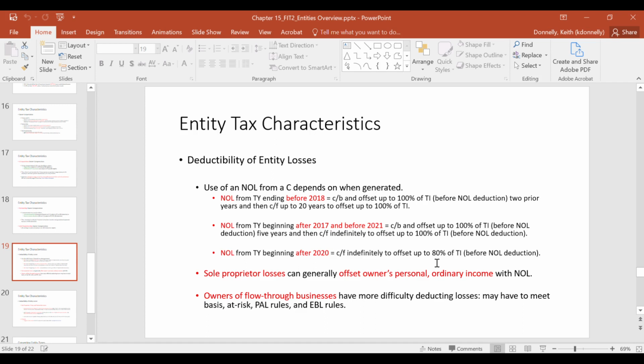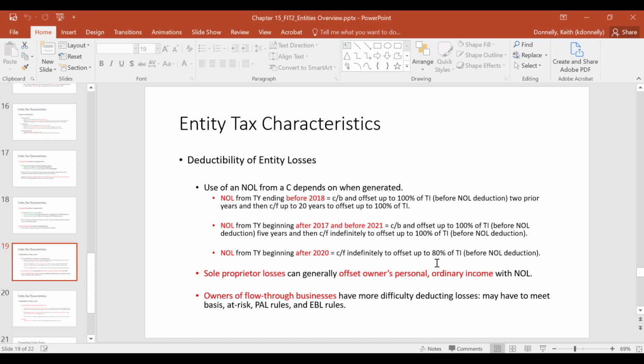Sole proprietorship losses, you have that Schedule C and you have a loss. Generally, you can offset your own personal ordinary income with that. Owners of flow-through entities, oh geez, we're going to have a whole chapter and discussion on this, but if you have a loss from a partnership or on a K-1 and you're overall at a loss, deducting that is a very complicated process, and it really involves the passive activity loss rules.